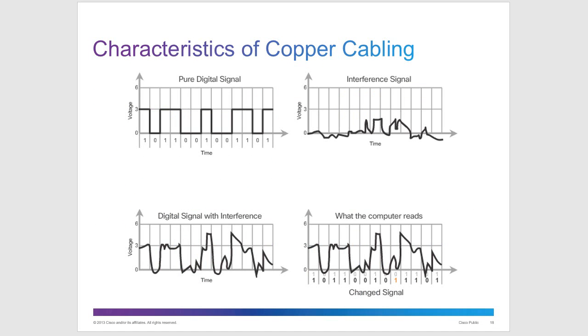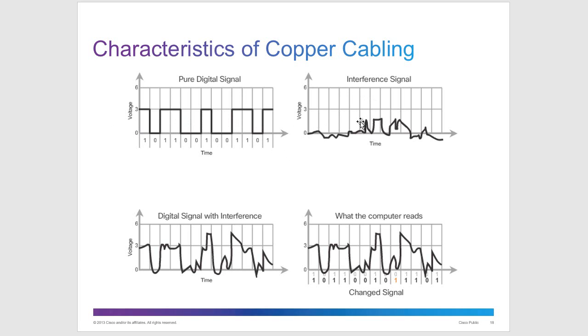Something we need to be concerned about with copper cabling is interference on your signal. If you have your cabling too close to, I don't know, power or lights, there can be interference that occurs. So what you'd have basically is your pure digital signal here, which would look all nice and neat, and this isn't what your signal looks like with interference.